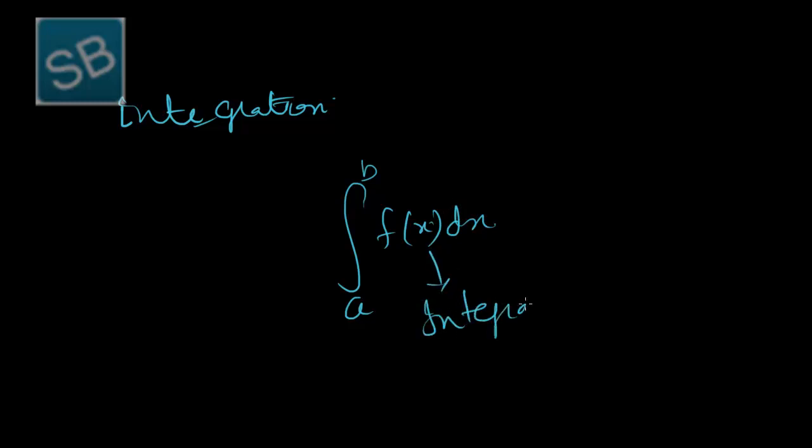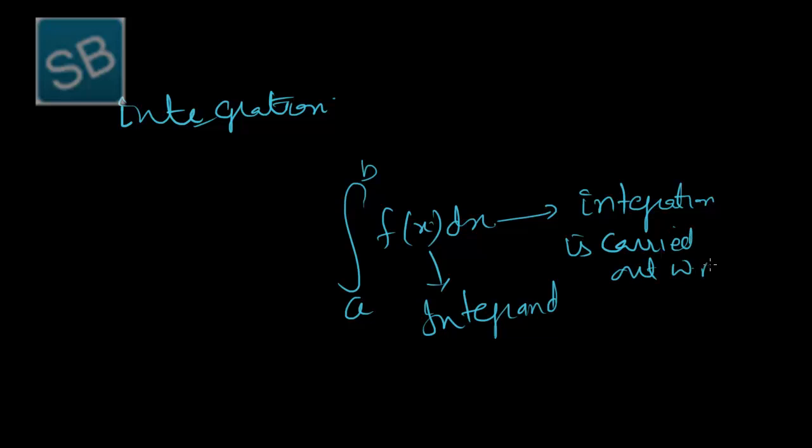So in brief, if we define what is meant by integral a to b f dx, what is f of x dx? That is the integrand that should be integrated. What is meant by dx? dx implies integration is carried out with respect to x.